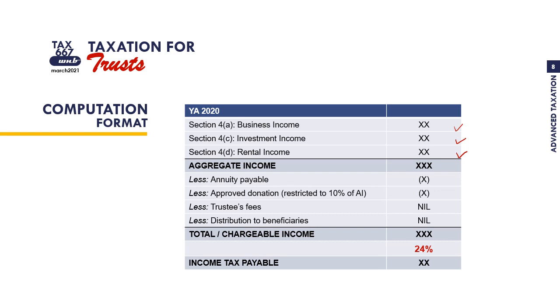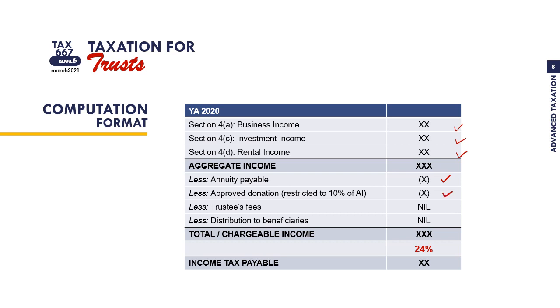From aggregate income, to arrive at total or chargeable income, we are going to deduct annuity payable. Annuity payable is deductible, less approved donation. So here you have to remember, donation needs to be approved. It needs to be in terms of cash, and it is restricted to 10% of aggregate income.